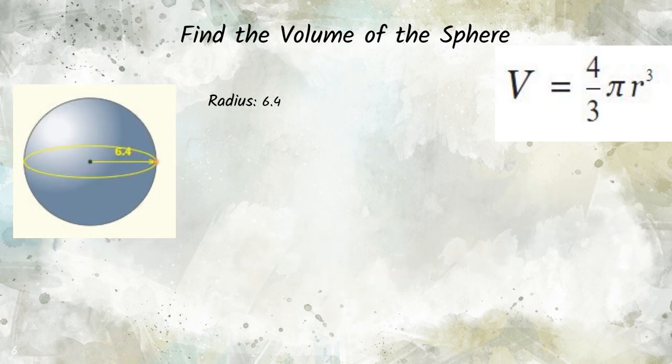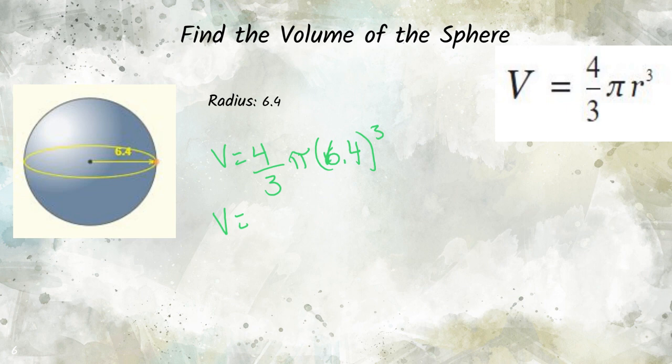Next example, I have that my radius is 6.4. So I have 4/3 times pi times the radius cubed, and our radius, I'm just going to plug that in, is 6.4. And so first I need to find out what 6.4 cubed is. And again, that is 6.4 times 6.4 times 6.4.